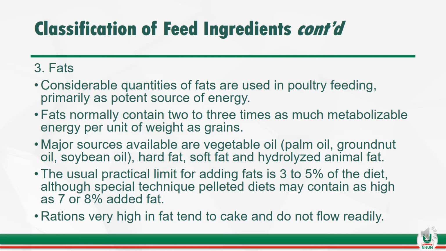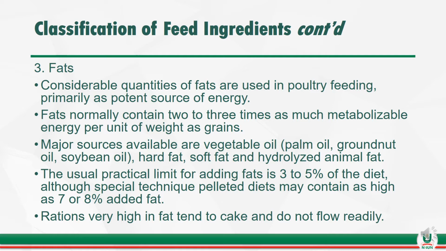Considerable quantities of fat are used in poultry feeding, primarily as a source of energy. Fats normally contain 2 to 3 times as much metabolizable energy per unit of weight as grains.